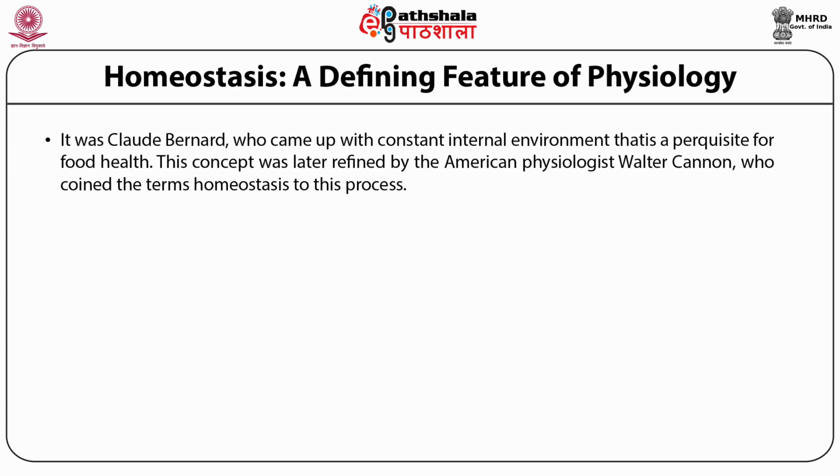It was Claude Bernard who came up with the idea of a constant internal environment that is a prerequisite for good health. This concept was further refined by American physiologist Walter Cannon, who coined the term homeostasis for this process.